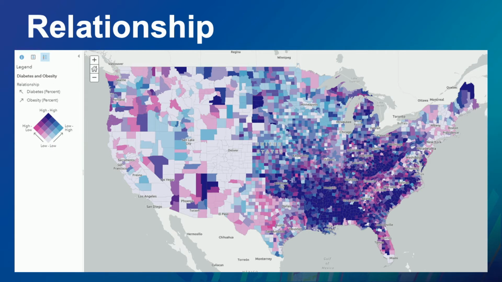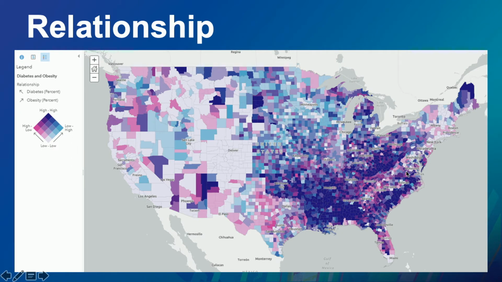So in areas where you see just this white color, such as Colorado, that's an area where both of those values are low. And if it's strong obesity but low on diabetes, you see this bright blue show up. And then likewise on the other end. But then when those 2 variables agree with each other, so to speak, you see a pattern.